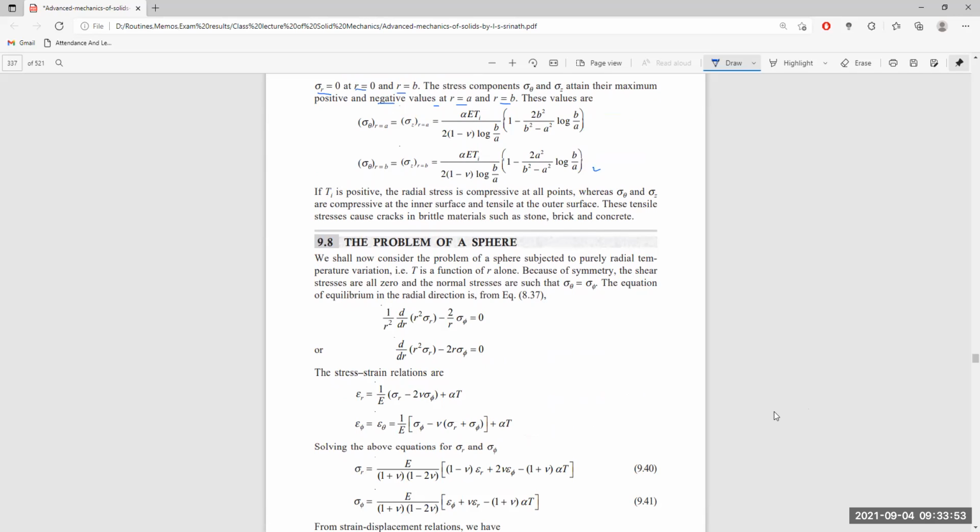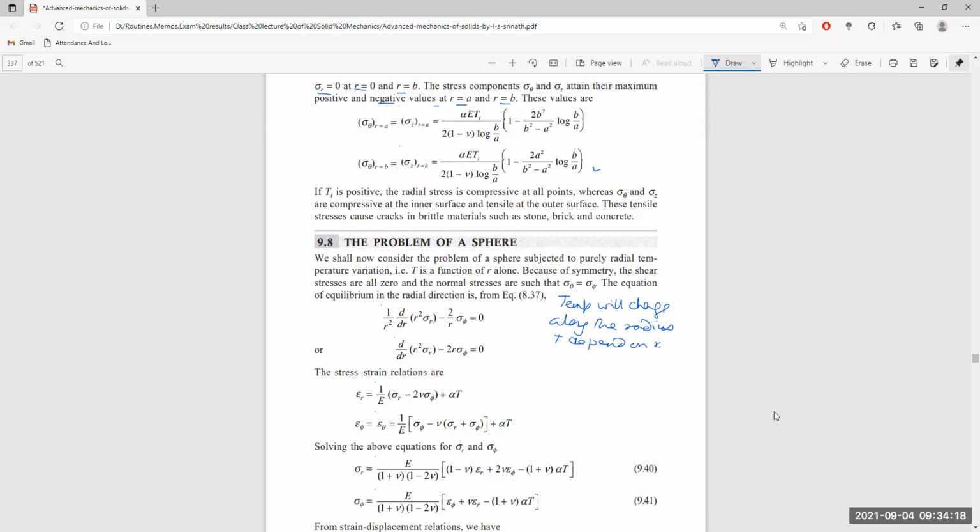That is, temperature is changing along the radius. That is, T is a function of r alone. So T depends on r.